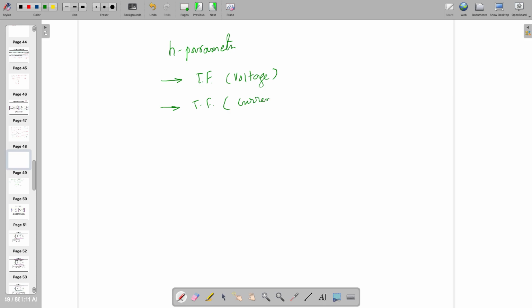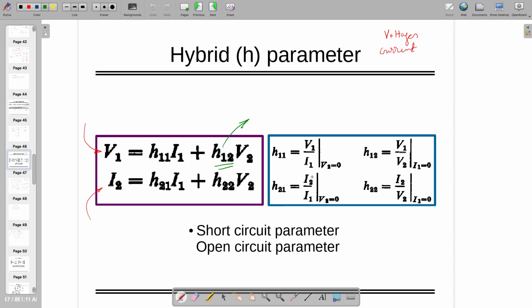If it is a current controlled current device, then H21 is actually the ratio of two currents where V2 equal to 0. Although it's a short circuited parameter, it's the ratio of two currents. So it was very popular when I want to find the current gain. Similarly, V2 by I2 or V1 by I1 can be found from H11 and H22. H11 is V1 by I1.